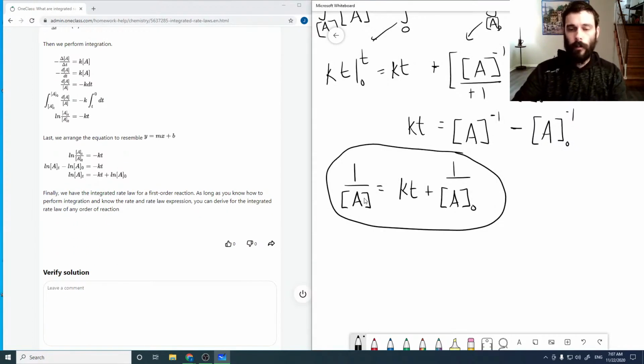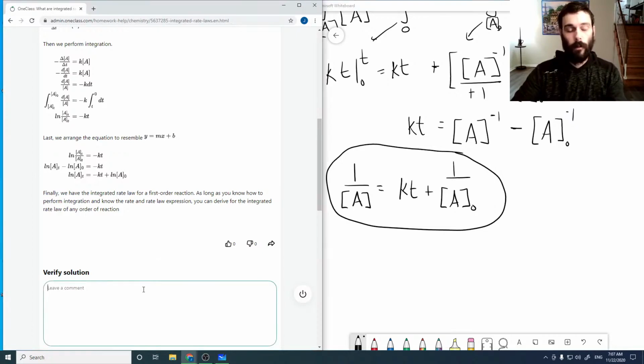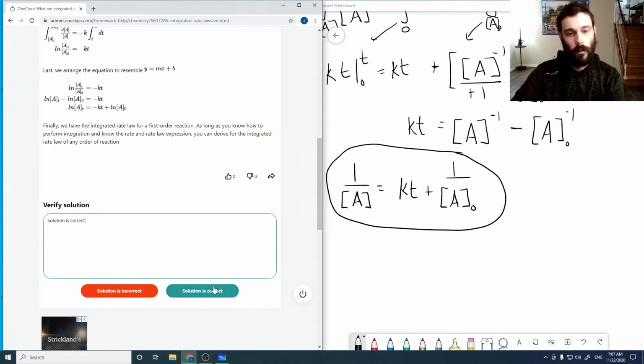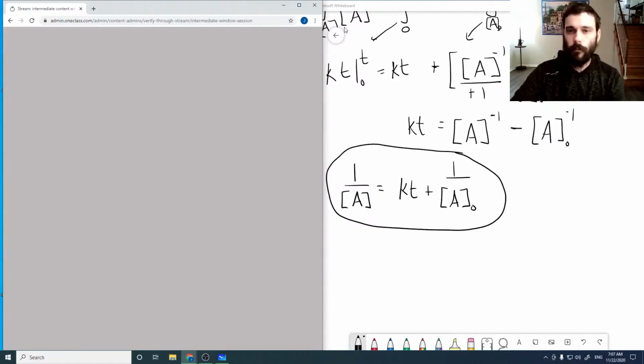But the steps you follow are basically the same, although much more complex reactions will require much more complicated math. So this solution is correct, as it correctly explains what an integrated rate law is.